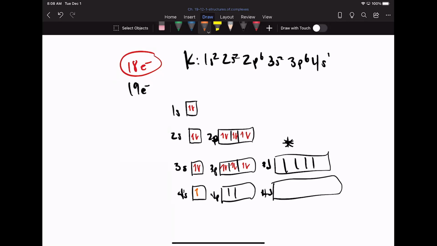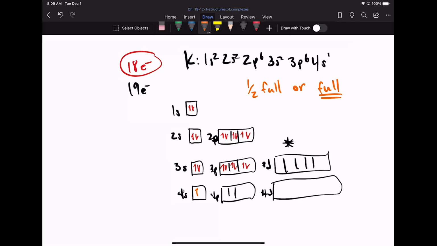we want to make it so that the orbitals are stable. And orbitals are most stable when they're half full or completely full.